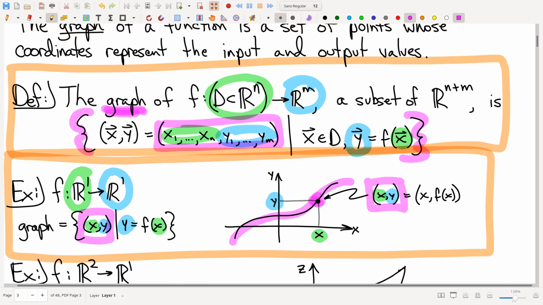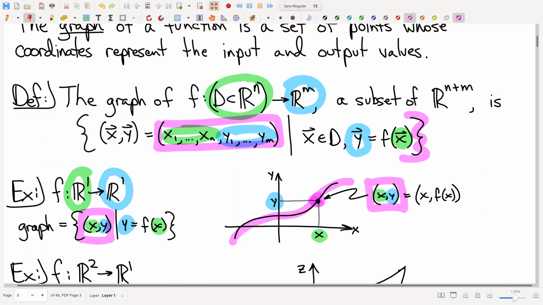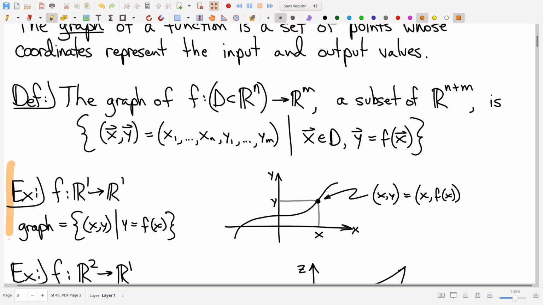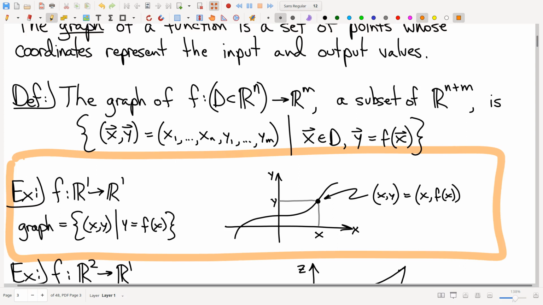Okay. I'm going to show you another example, a higher dimensional example, momentarily. I do want to real quick, though, talk about a different way of thinking about it that is very useful. So back to the first single variable real valued case.